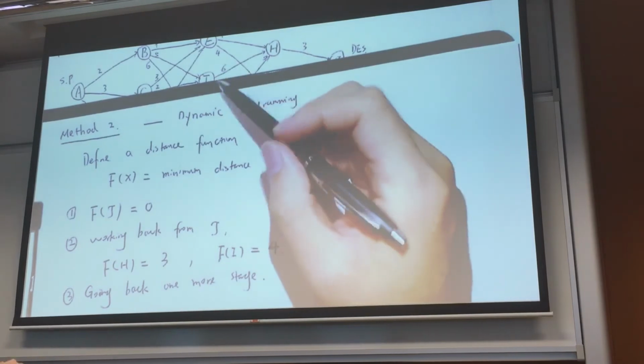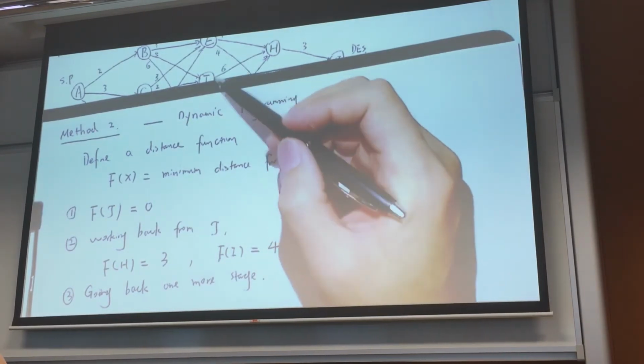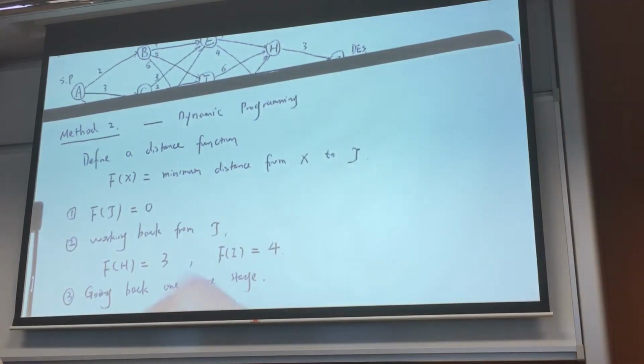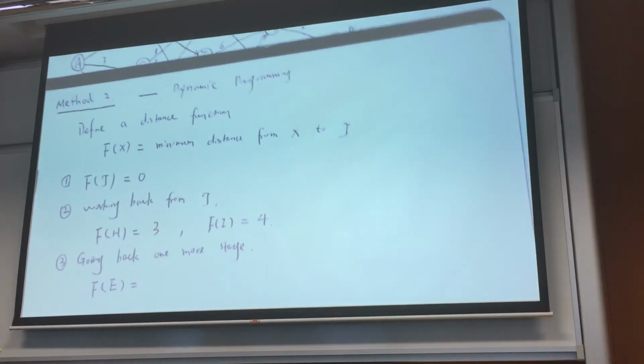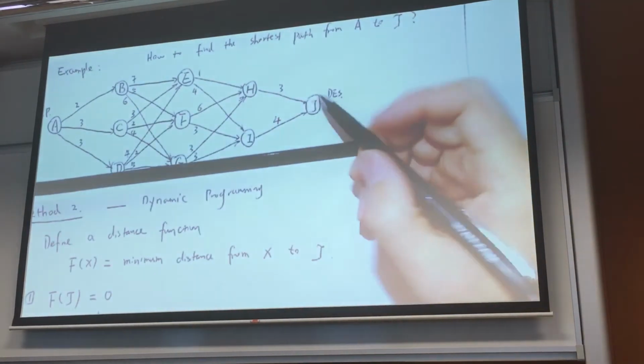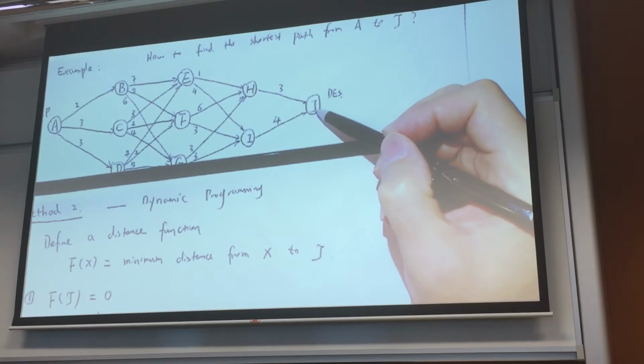In the next stage we have 3 nodes: E, F, and G. For E, we calculate the distance to the destination.